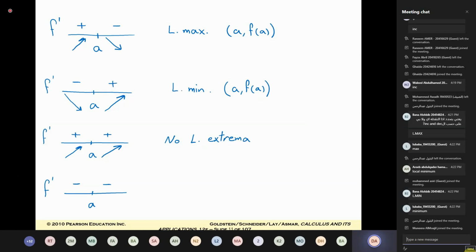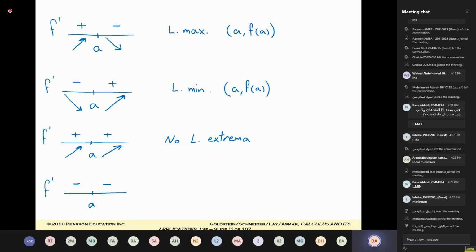No local extrema means we don't have a local maximum and we don't have a local minimum. Extrema is for both local maximum and minimum. So any example that asks you to find the local extrema means find the local maximum and find the local minimum.